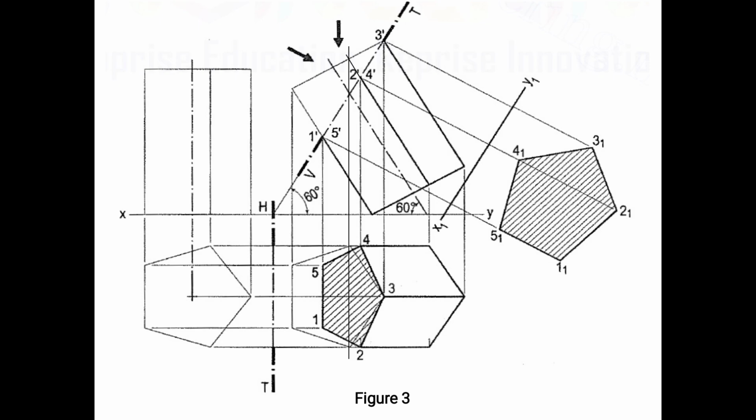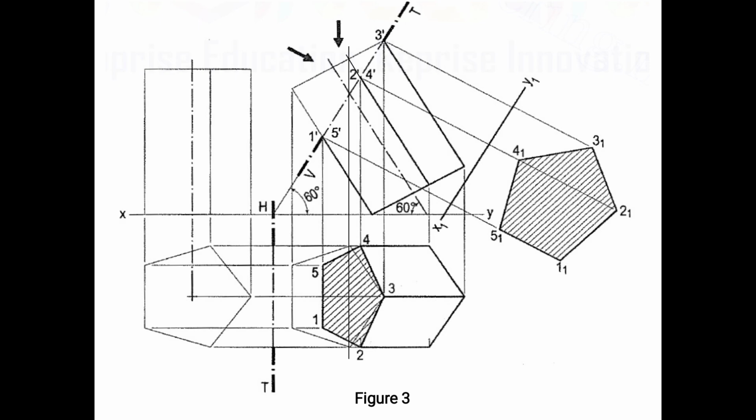On the second stage, you will get the sectional top view. Next, for getting the true shape of the section, you draw one reference line which is parallel to the section plane.